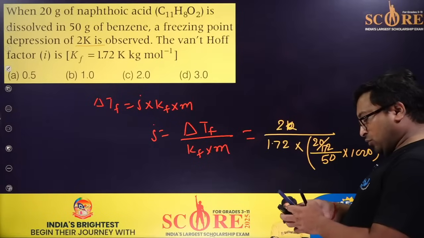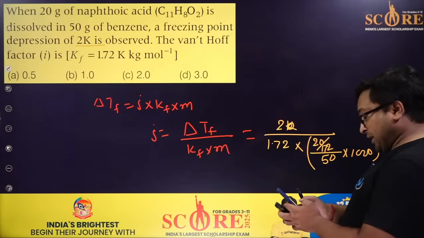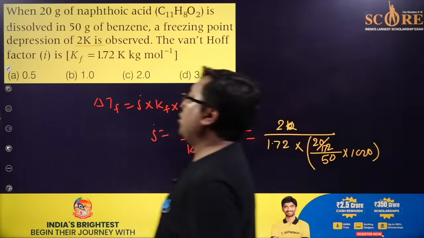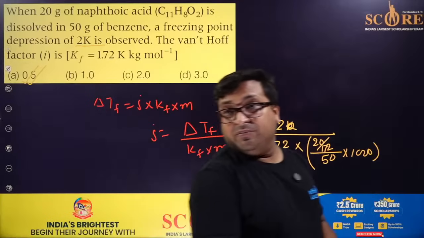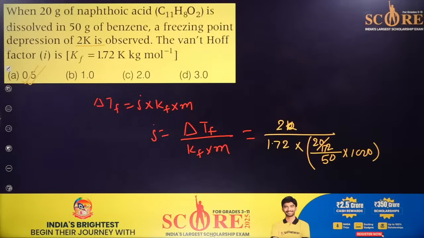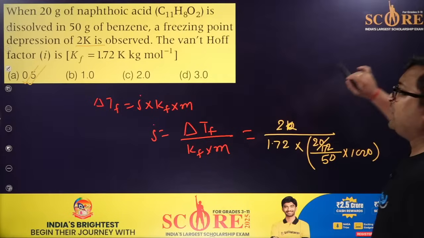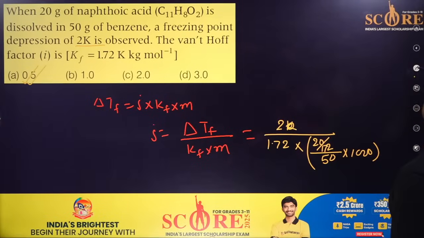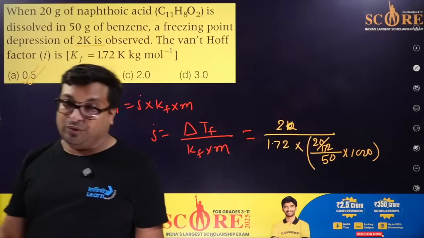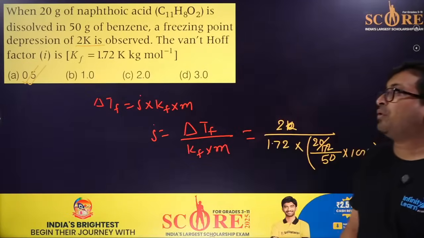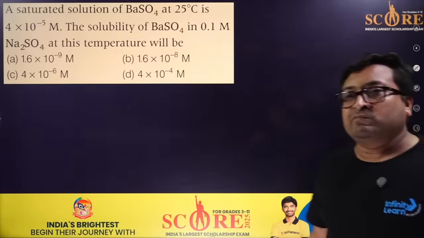So 2 divided by 2.32 divided by 1.72 gives 0.5. Yes, you are all right. Very good, everyone. This type of question is very easy and will increase your chance to grab good rewards in this test. Okay, let's move further, please.